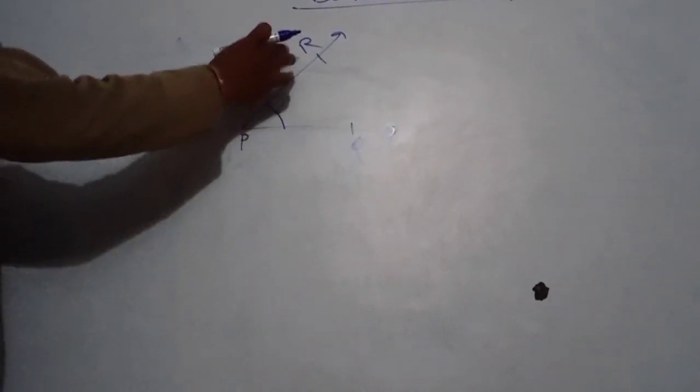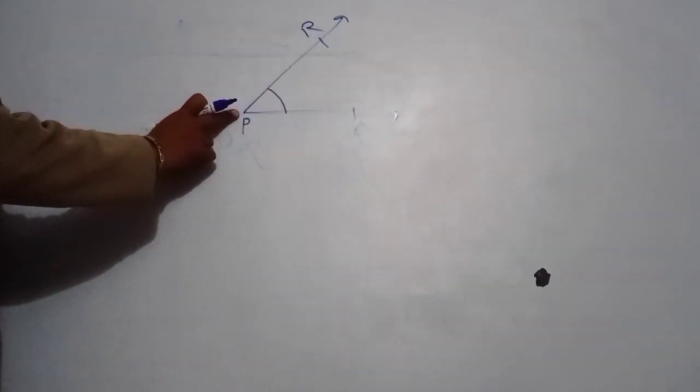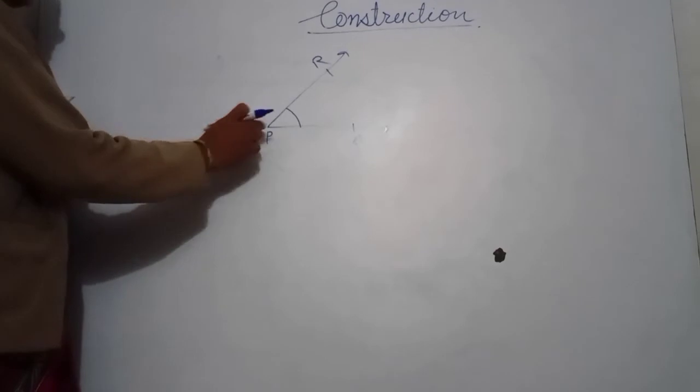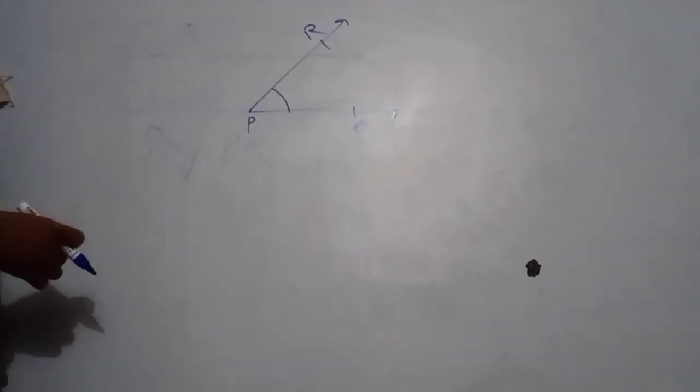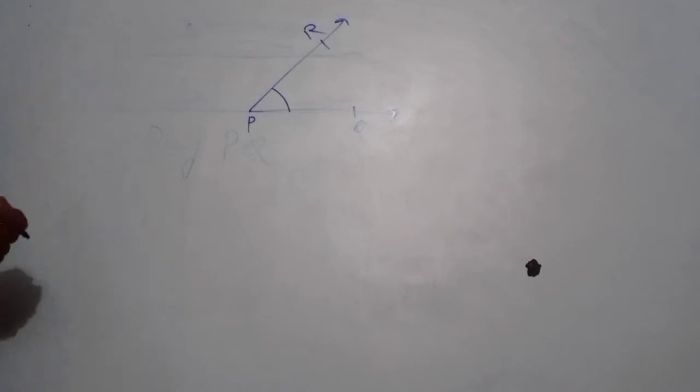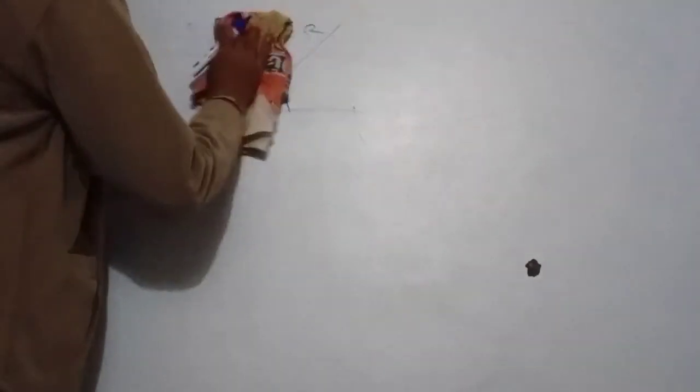Understood? When two rays meet at the same point or the same vertex and are not in opposite directions, then an angle is formed. So what I taught you: first point, then line segment, then line, and next ray and angle.